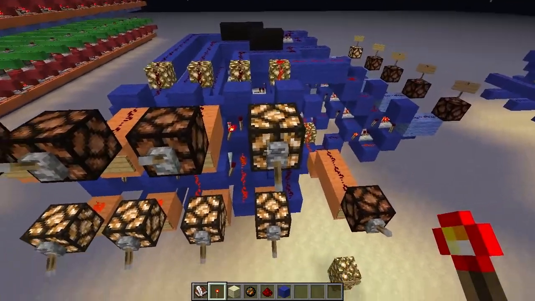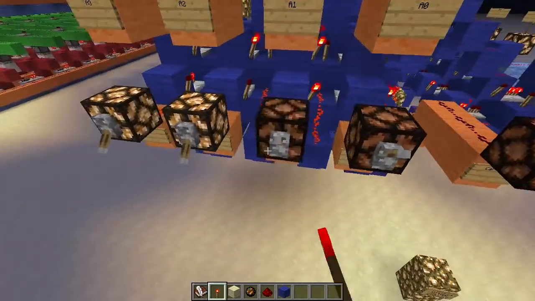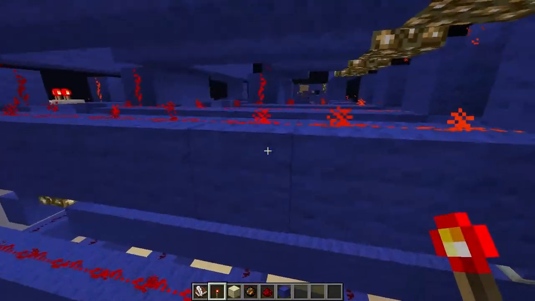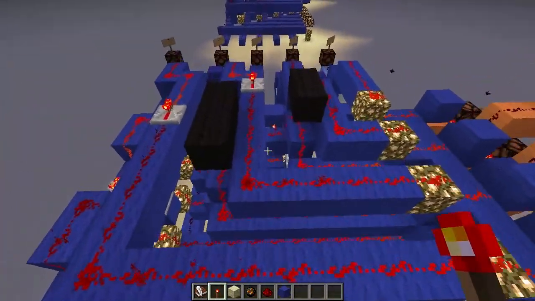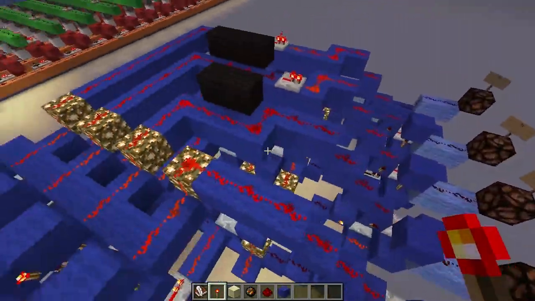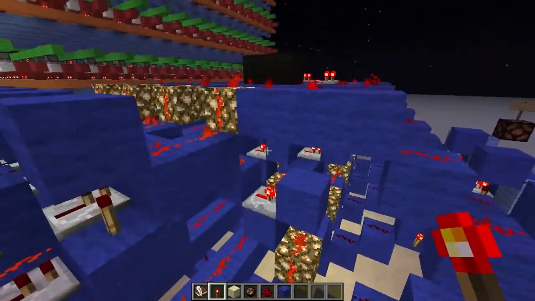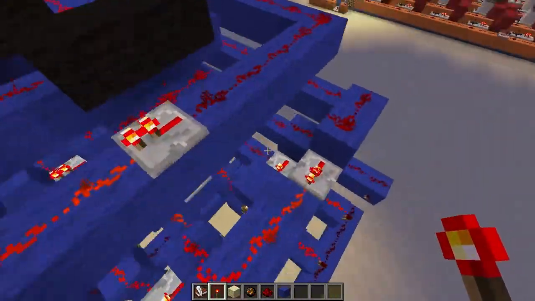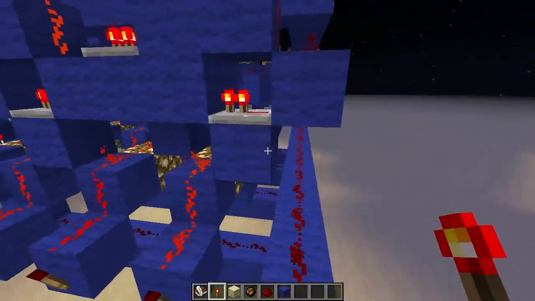The question is, how does it work, and why is it so fast, I guess? Because normally you'd see a bunch of really weird gates in adders, especially if they don't use pistons.